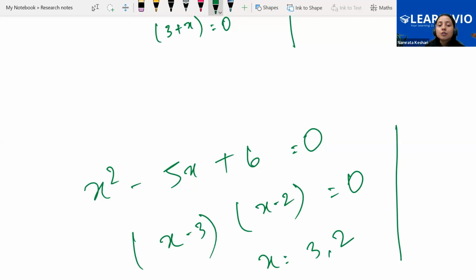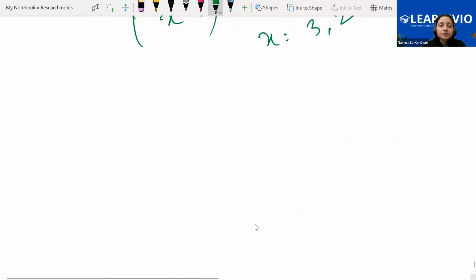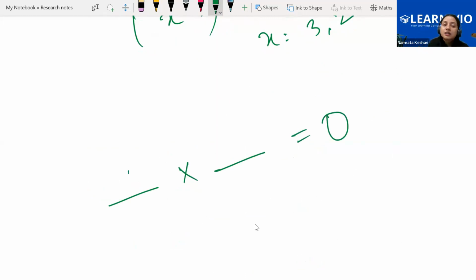Mathematics says that whenever two things are in multiplication and the result is 0, then either this one is 0, or the other number is 0, or maybe both of them are 0.